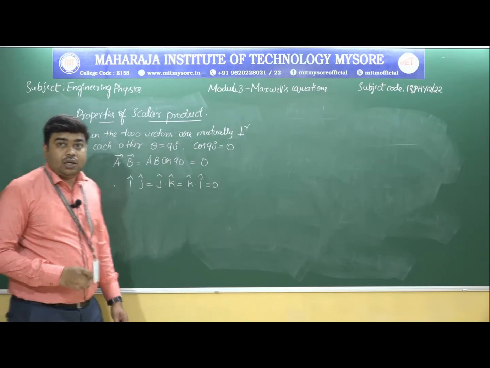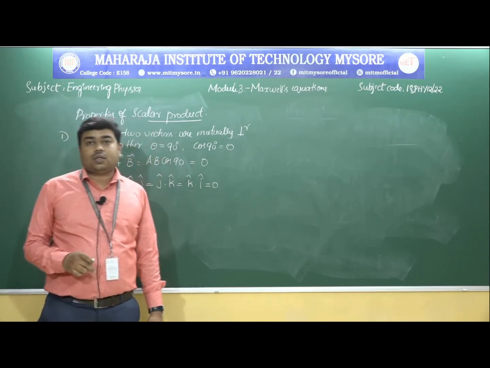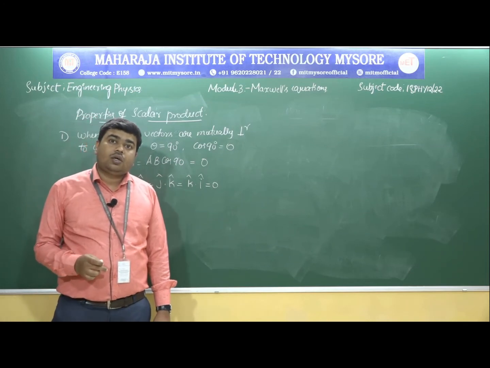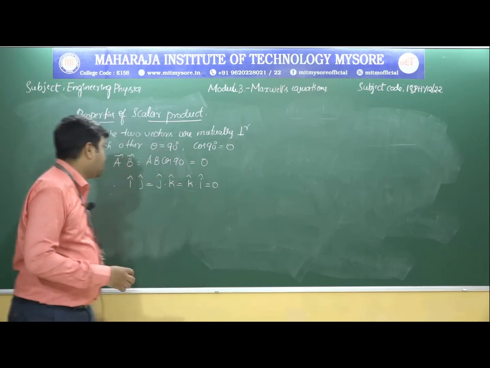Second property is, let us consider if those two vectors are collinear or parallel to each other.